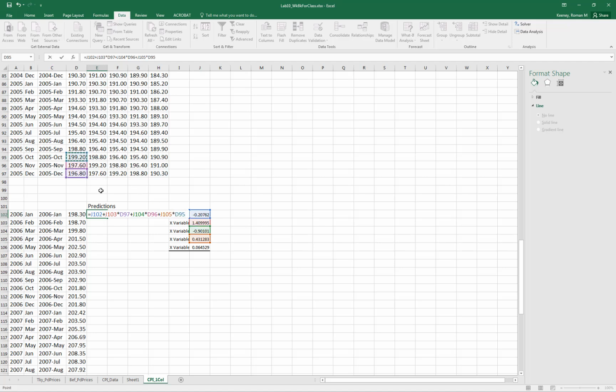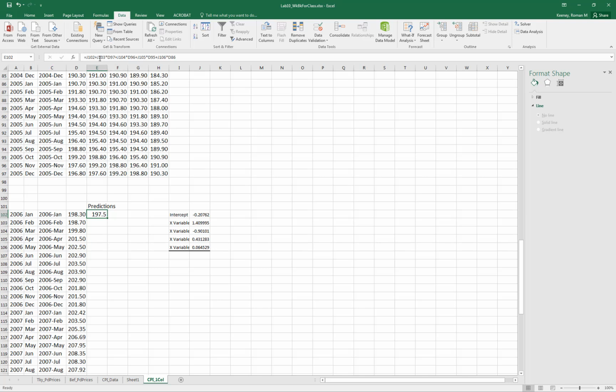Okay, so you see I've got coefficient times price, coefficient times price, coefficient times price, and then I need one more, plus this coefficient, and now we have to go all the way back to 12 months ago, January. Click enter, and you can see how far off we were.